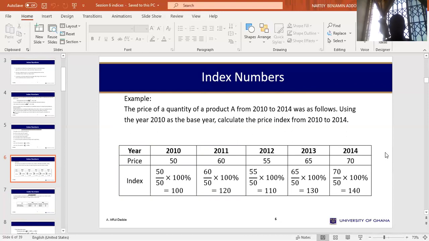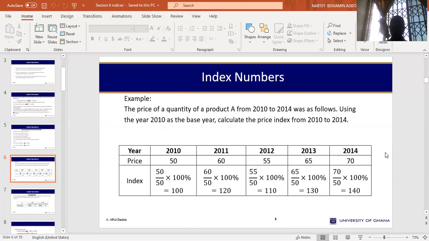The price of a quantity of a product A from 2010 to 2014 was as follows. Using the year 2010 as the base year, calculate the price index from 2010 to 2014.